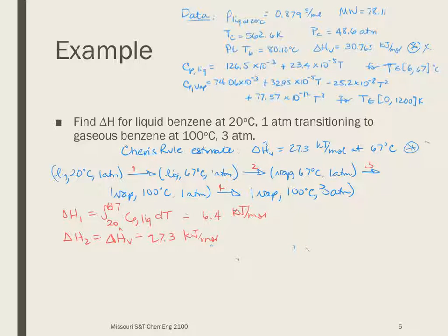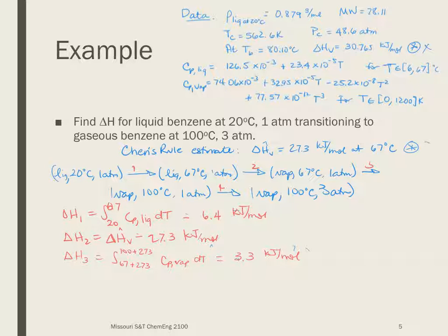Step 3 is going to take the vapor from 67 to 100 degrees C at constant pressure. So delta H3 is going to be the integral from 67 to 100, in Kelvin, of C sub P for the vapor, dT. And when I did that, I got 3.3 kilojoules per mole.